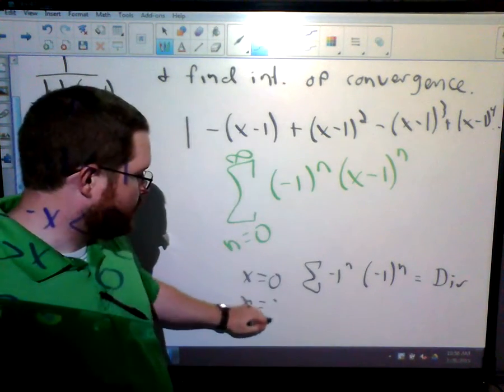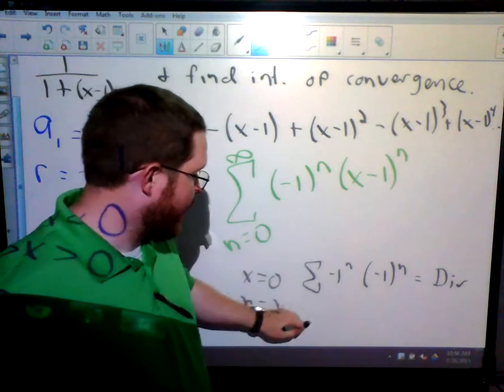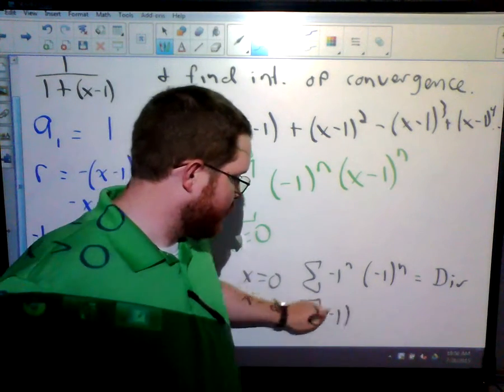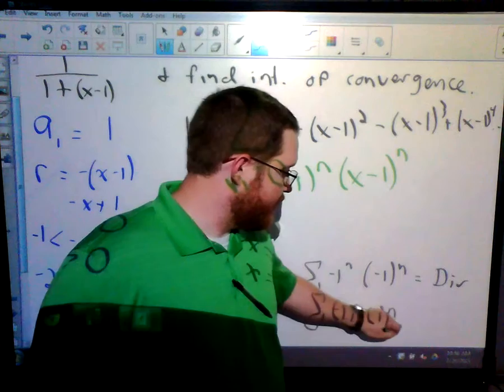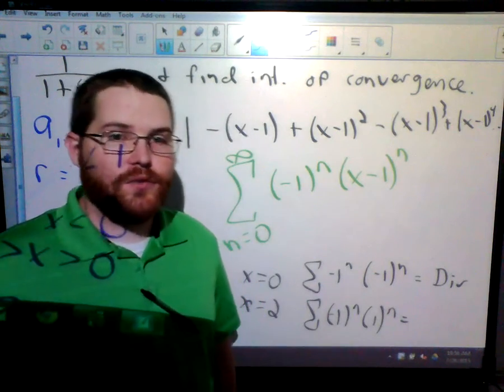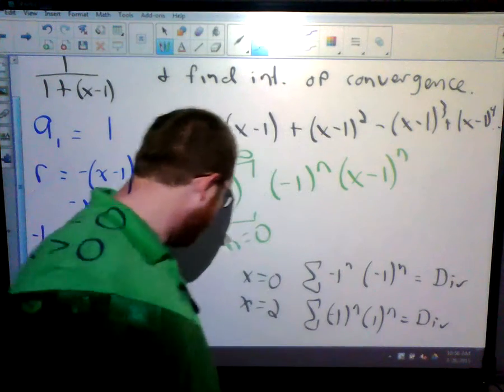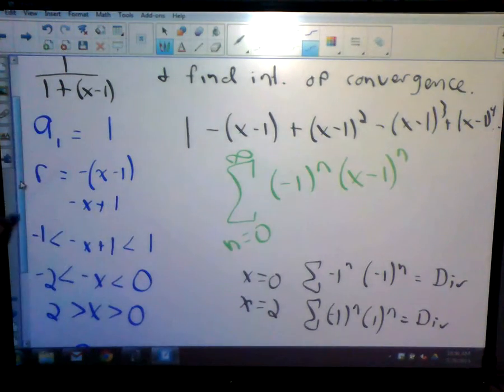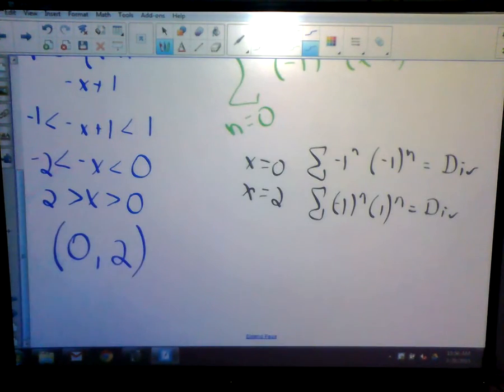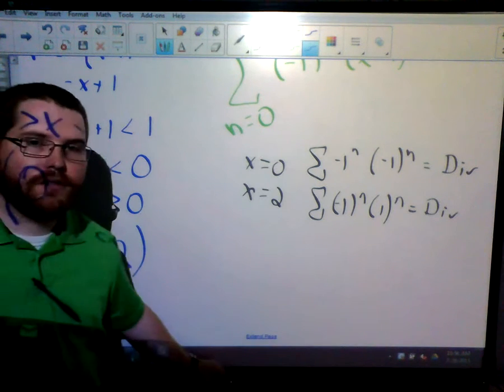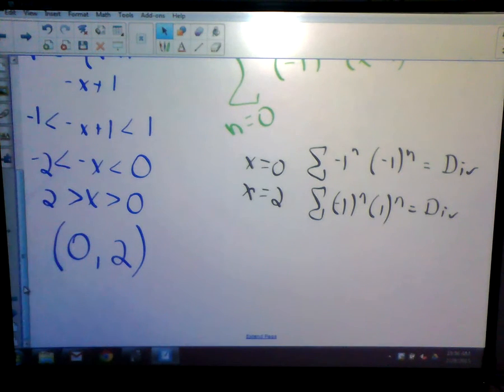What if x equals 2? Then I'd have -1 to the n, +1 to the n. That's going to be -1, +1, -1, +1. That's also divergent. So neither 0 nor 2 work. So my interval of convergence is from 0 to 2, not inclusive.